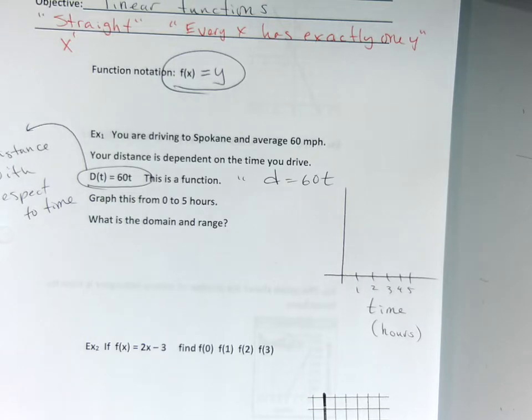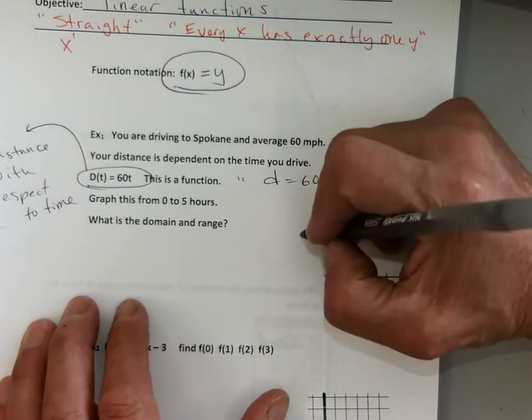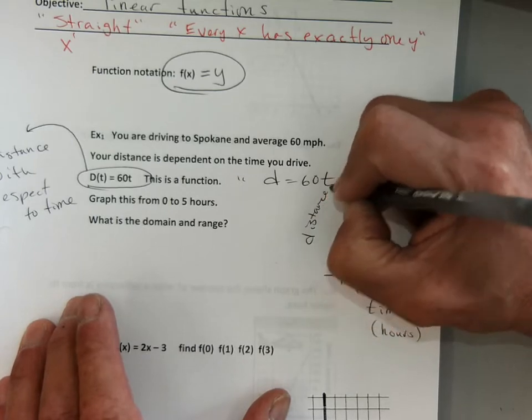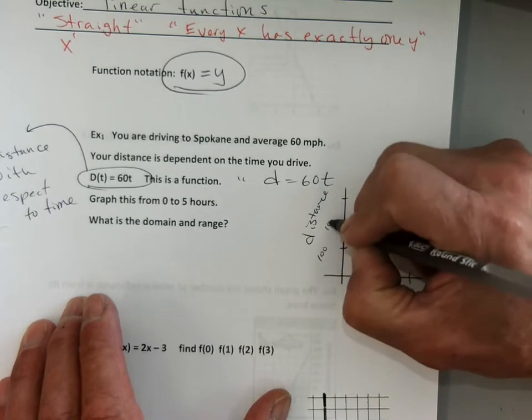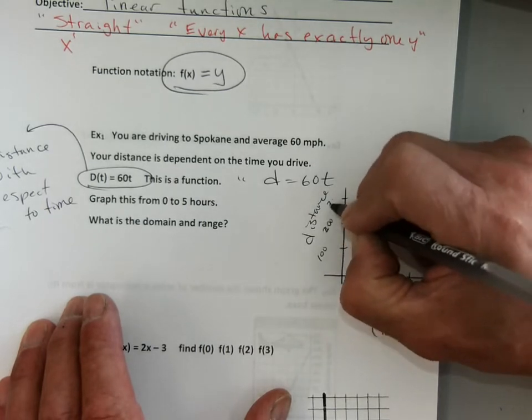If I drive for 2 hours, 3 hours, 4 hours, 5 hours, 300, right? So when I make my scales here, I at least got to get to 300. You guys agree with that? So I'm going to go probably 100, 200, 300. Of course, it's not going to be a perfect graph. It doesn't have to be perfect. But when I do my scales, I got different scales. So this can be distance, 100, 200, 300 in terms of miles, right?